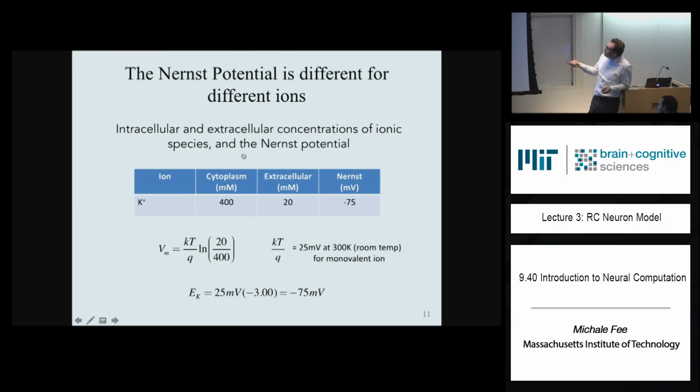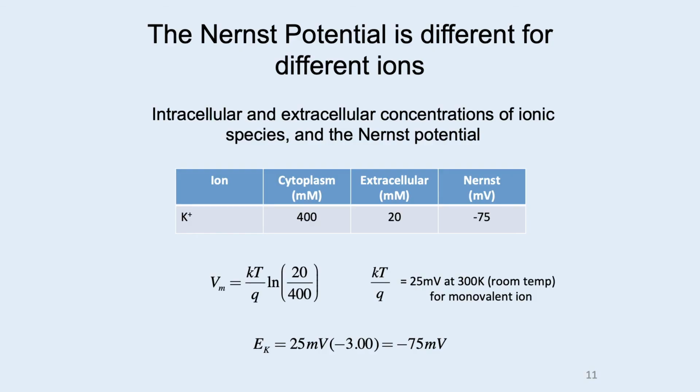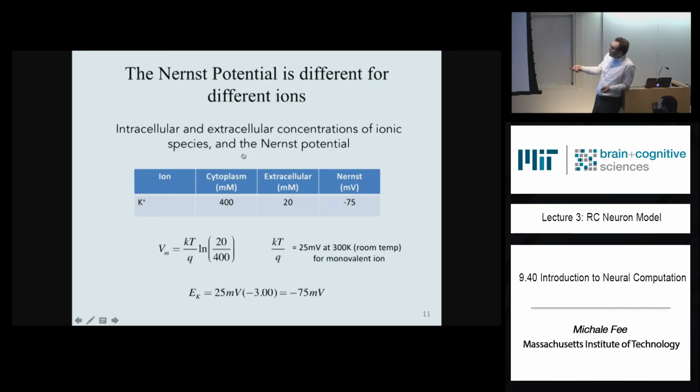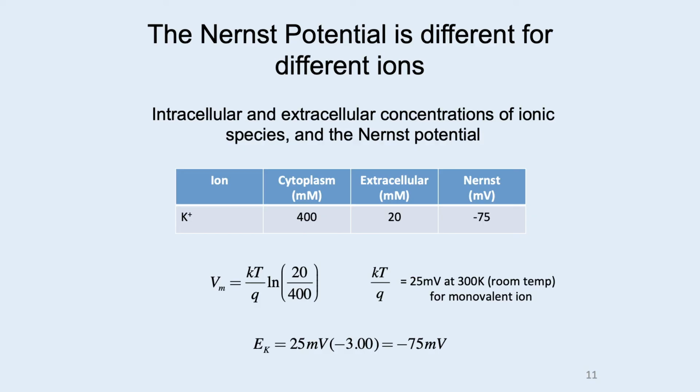Okay, so given these concentrations, a high concentration of positive potassium ions inside the cell, a low concentration outside the cell, we can take the ratio of those concentrations, take the natural log of that, that's about 3 log units. The sign is negative because this ratio is smaller than 1.